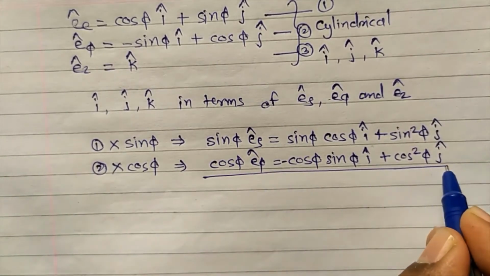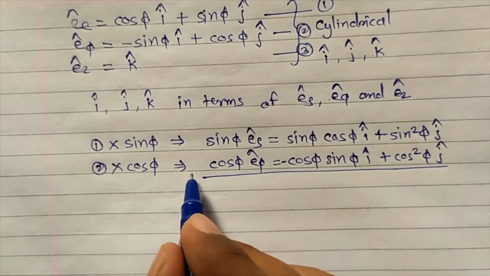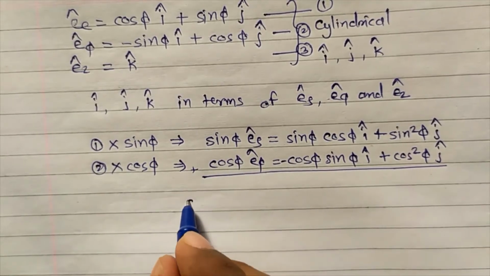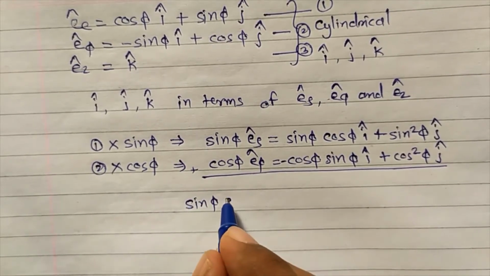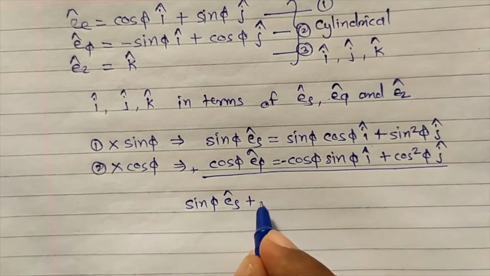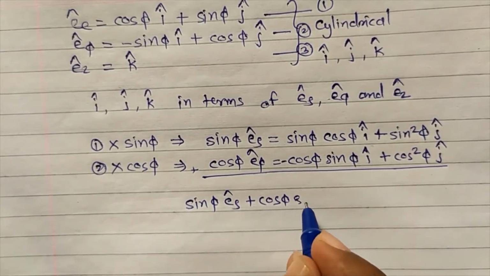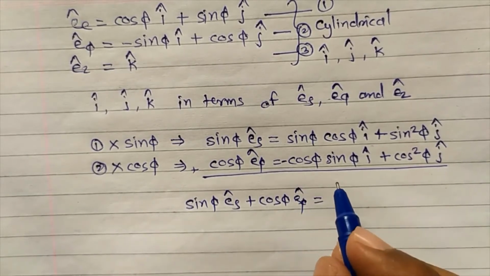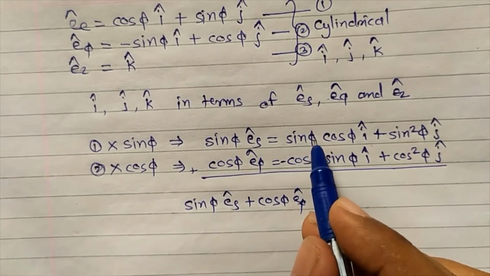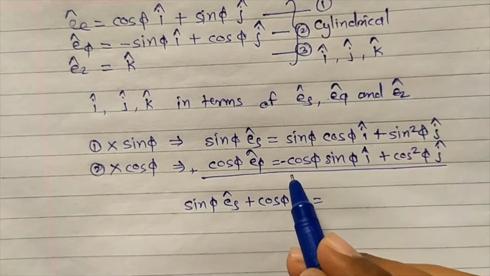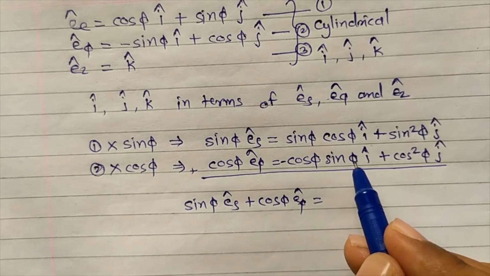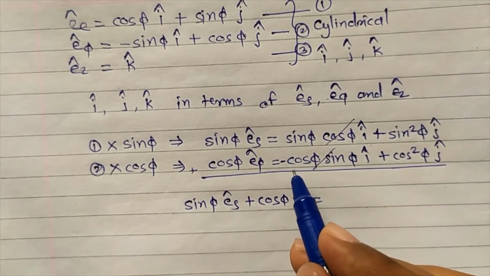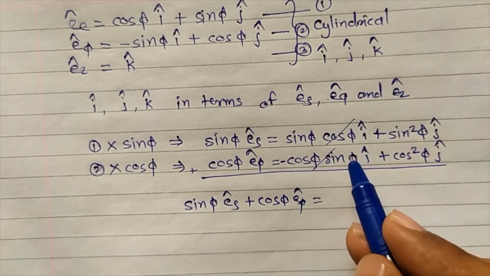Now what I see is this: if I add these two equations, I will get sin of phi e rho cap plus cos of phi e phi cap is equal to sin of phi cos of phi i cap minus cos of phi sin of phi i cap. This cancels because it is a positive and a negative term with the same components.